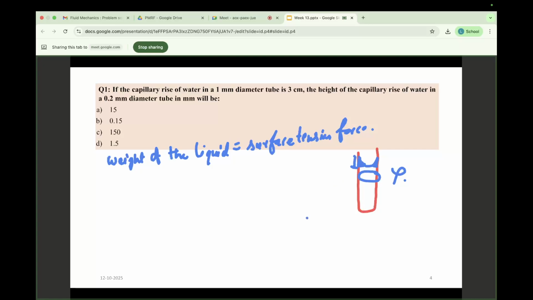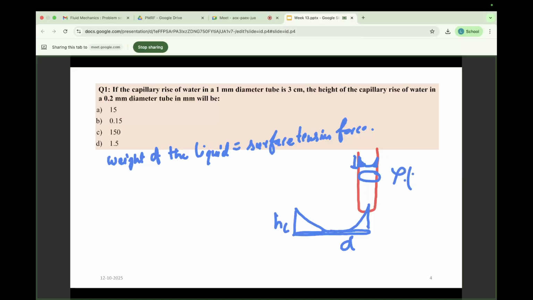If I draw this portion, it will look like this, right? And if you observe it from the top, it is circular. Say I take the diameter as d and height as hc.